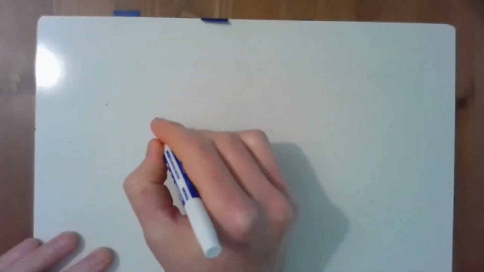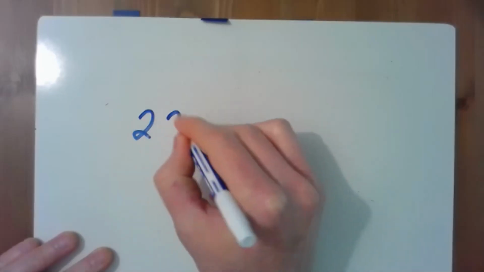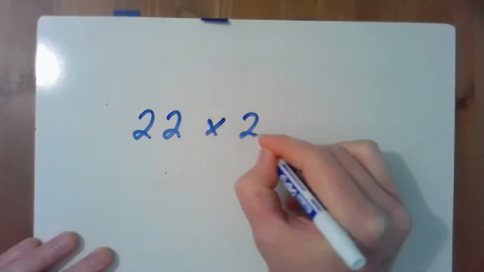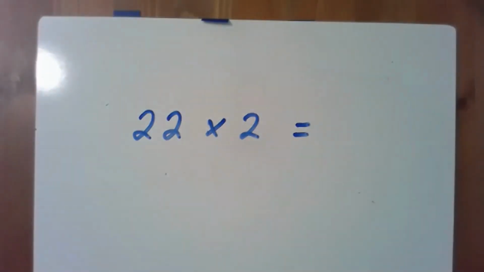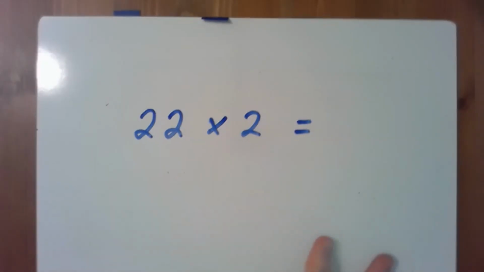So when we're working the multiplication problem, I like to start the process with the smallest number as the multiplier. Oh, I'm sorry, back that up. We'll get to that. All right, so let's just look at a multiplication problem here. I'm going to write this out first. So I have 22 times 2.